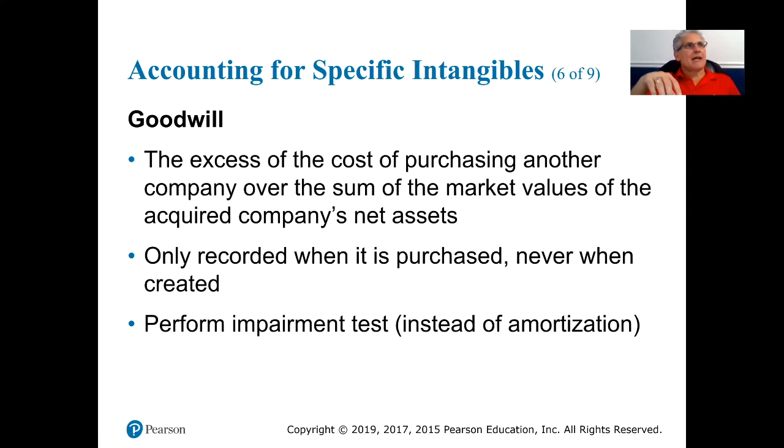And that owner decides that he or she wants to sell it. Now, if you take the fair market value of, let's say, the land and the fair market value of the inventory and of the building, you may come up with, as an example, let's say $300,000.